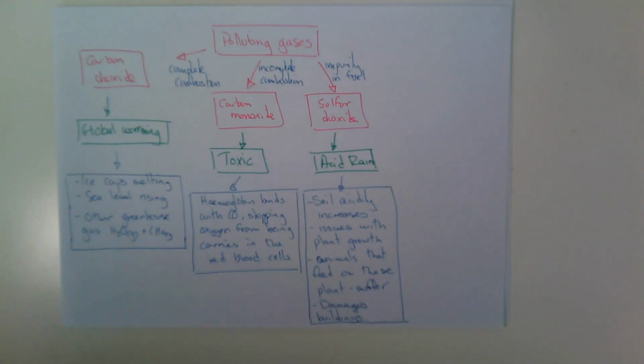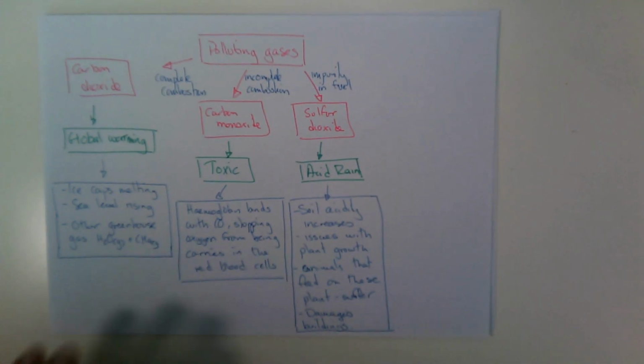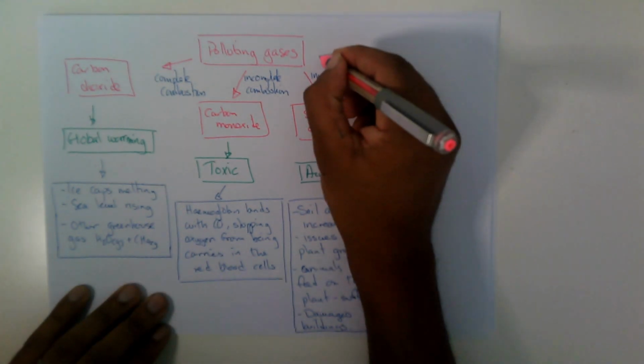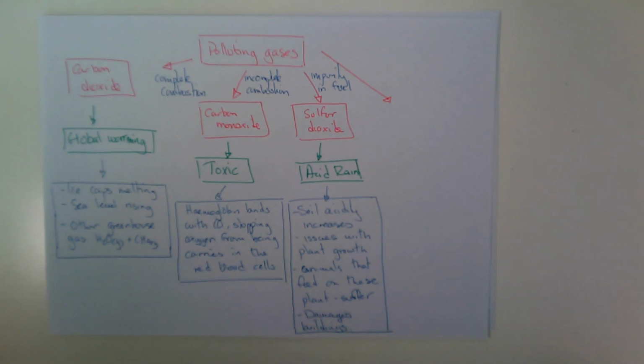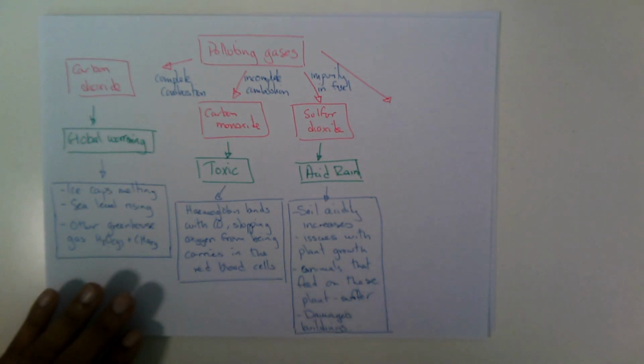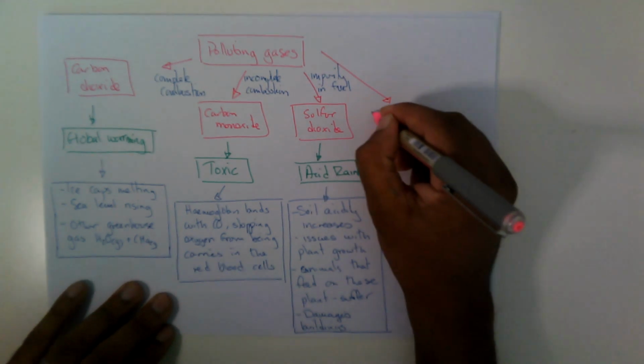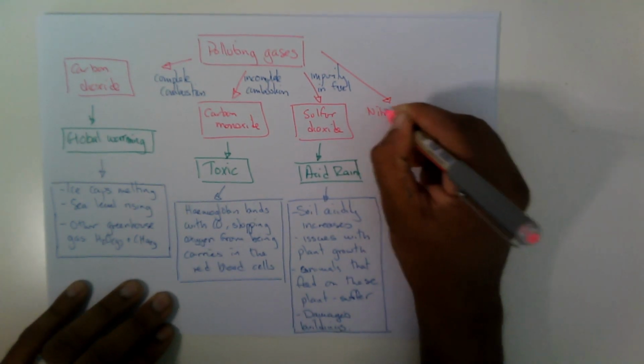Now the other gas that's produced in a combustion engine is nitrous oxide. It's made because you've got a supply of oxygen. Remember, a large proportion of air is nitrogen. So when oxygen goes in to be burnt with the fuel, nitrogen goes in with it, and due to the temperature you end up making nitrous oxide.